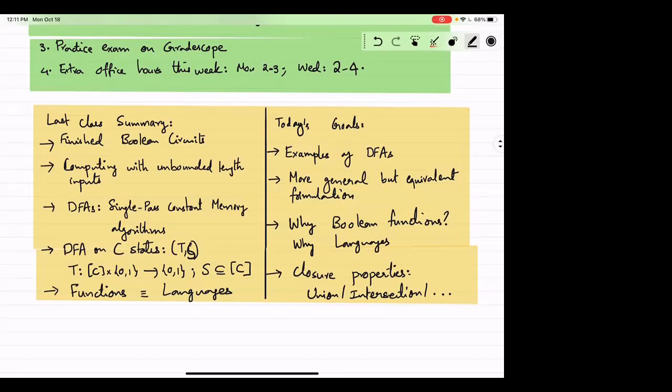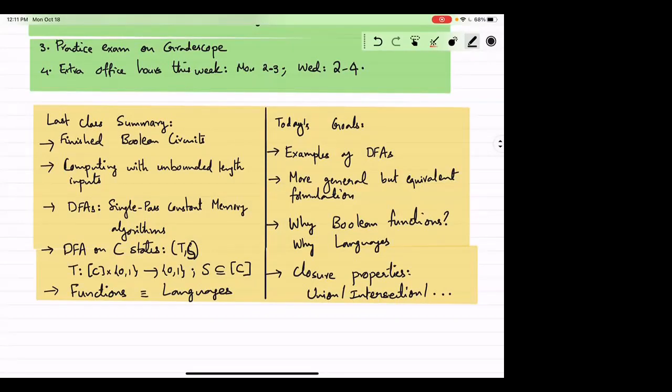And towards this, we came up with one of the simplest kinds of algorithms that we can think of, which was single pass constant memory, meaning I'm just going through the input one bit at a time, and for each bit, I just store some constant amount of information. This led to the definition of what we call a deterministic finite automaton.